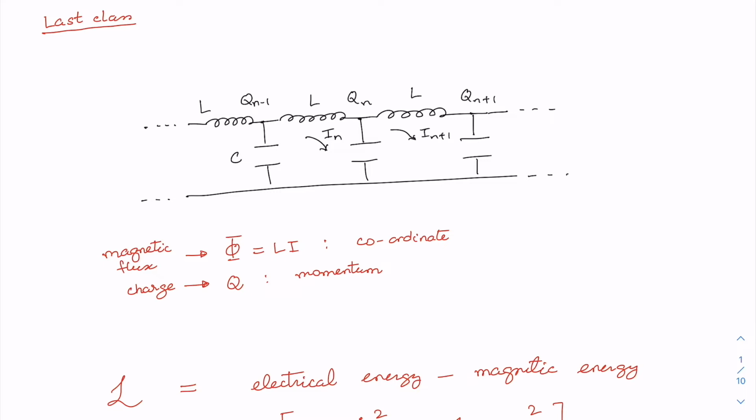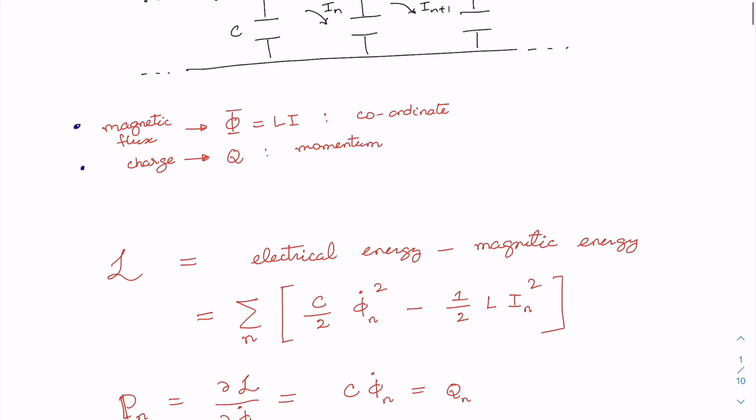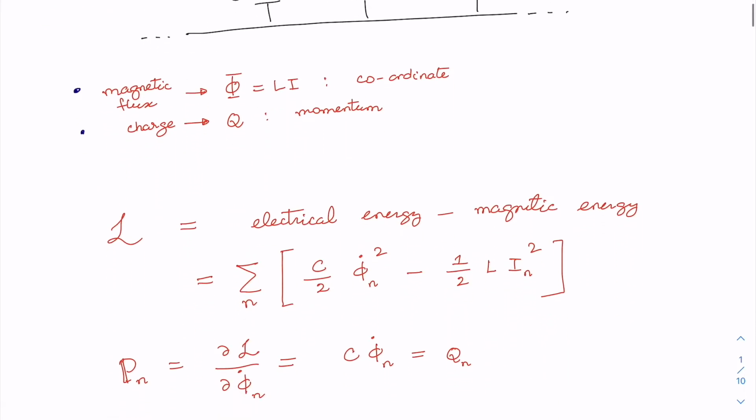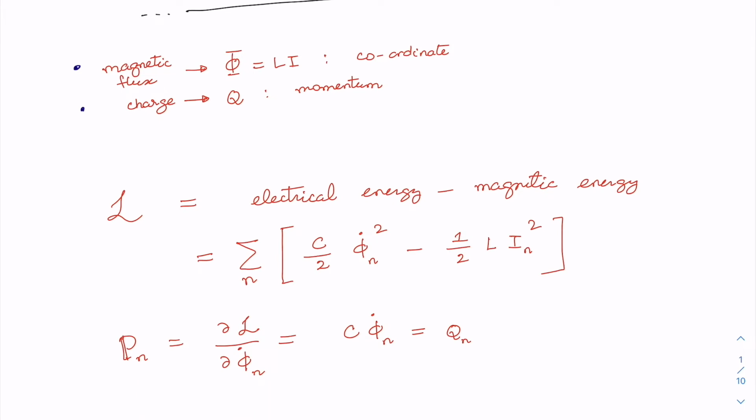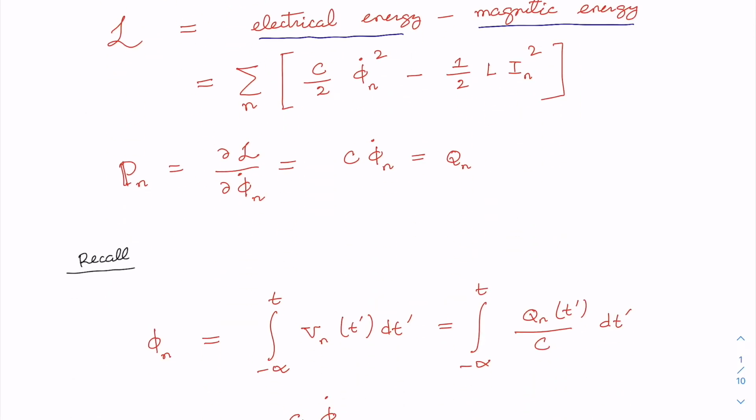In the last class, we quantized the infinite transmission line, taking the magnetic flux as the coordinate, and it turns out that charge would be momentum. The Lagrangian of this discrete transmission line we wrote as the difference between the electrical energy and the magnetic energy, and we got from this Lagrangian that indeed the momentum is nothing but the charge.